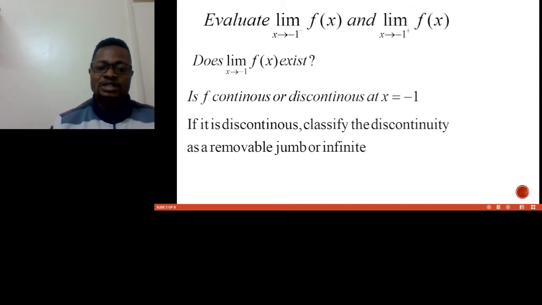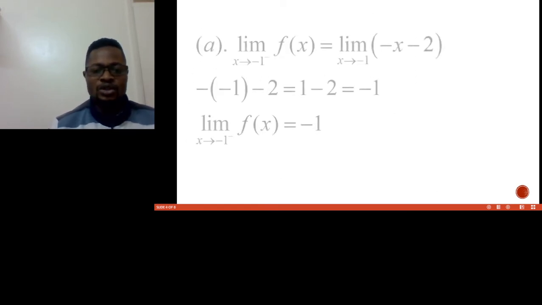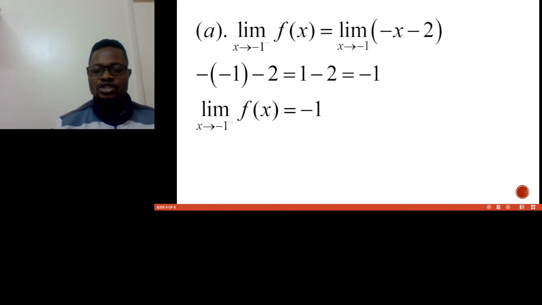If it is discontinuous, you need to classify the discontinuity as removable, jump or infinite. So we have some work to do here. I will show you how to do that. So let us jump into it.